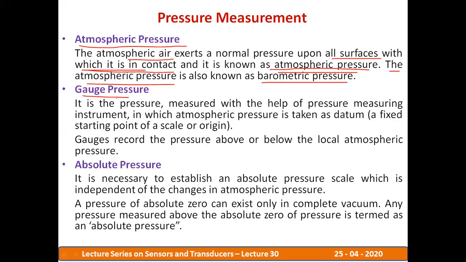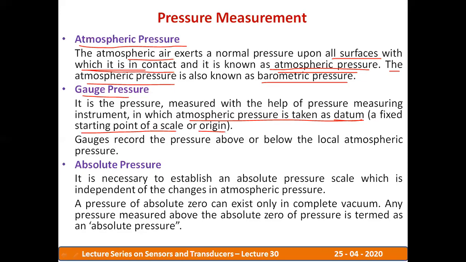The next one is gauge pressure. What is gauge pressure? It is the pressure measured with the help of a pressure measuring instrument in which atmospheric pressure is taken as the datum. Here datum means the starting point of a scale; we can call it an origin or a baseline.